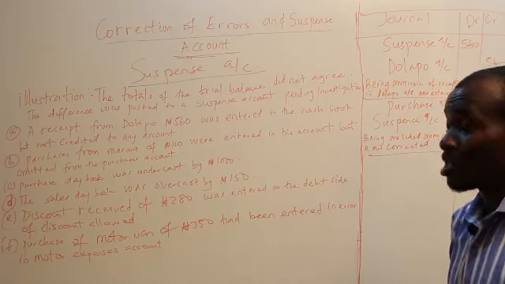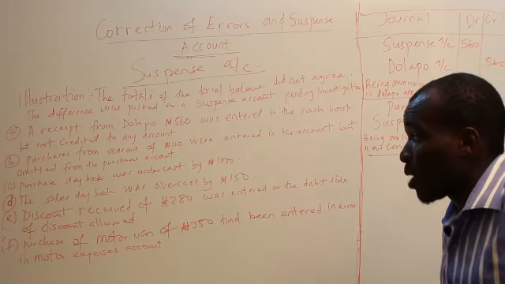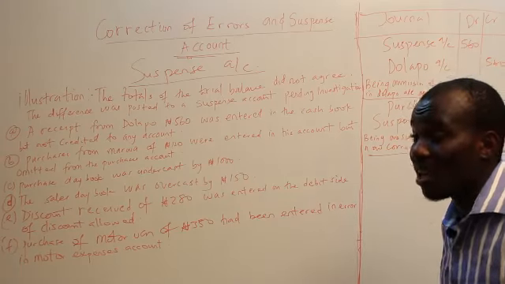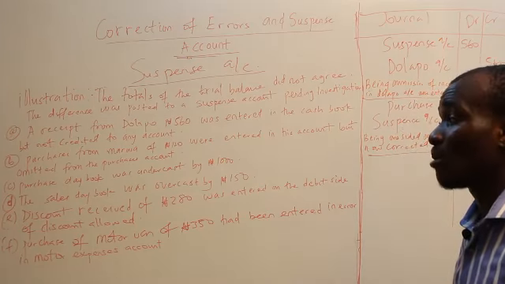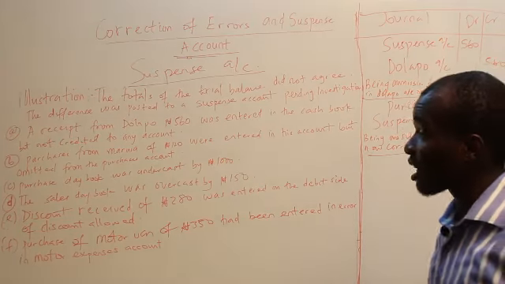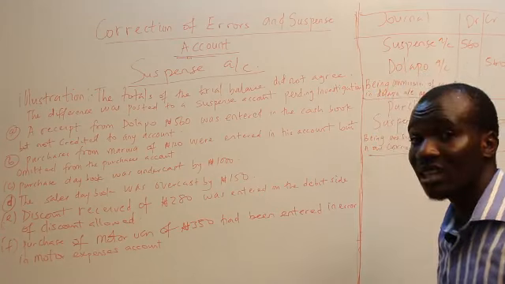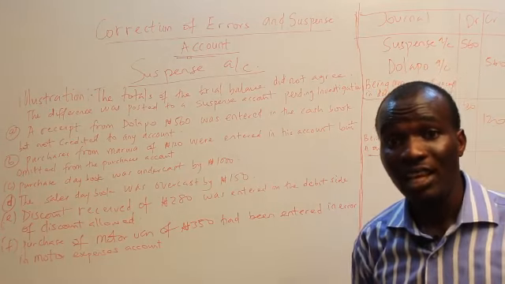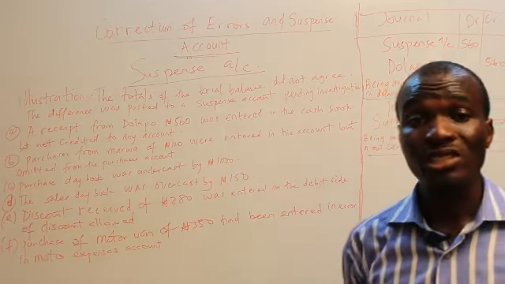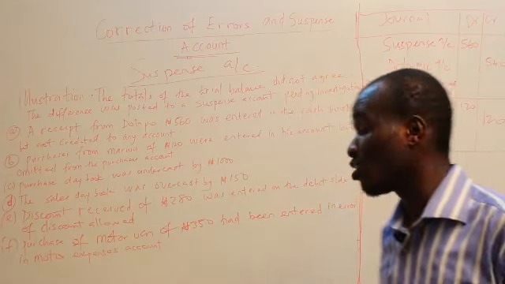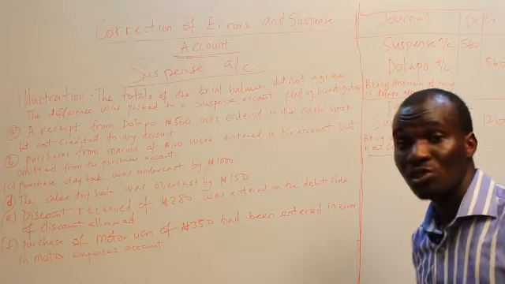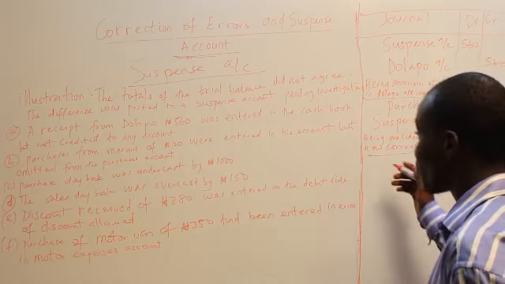So that means purchase account has been undercast by 1,000 naira. Purchase account, which is having a debit entry, is being undercast by 1,000 naira. So that means the purchase account has to be increased by what? 1,000 naira. So since it's having a debit entry, we have to debit purchase account by 1,000 naira to increase this amount to the original figure.